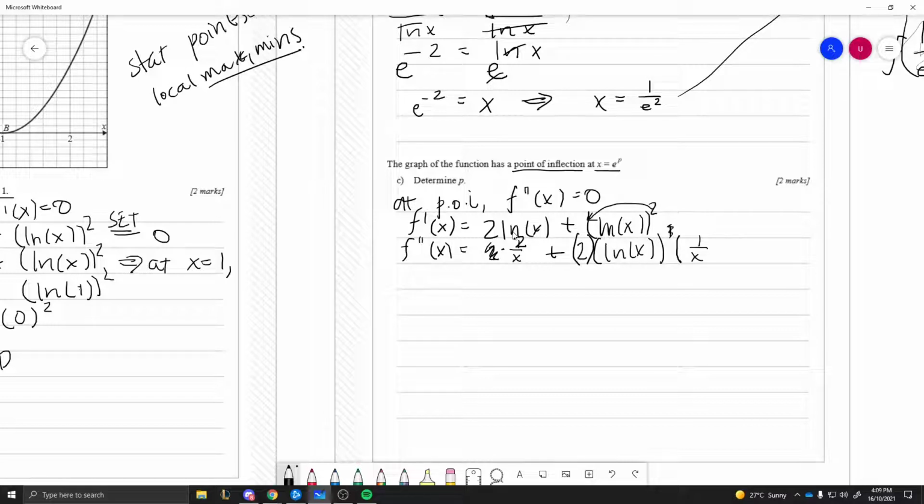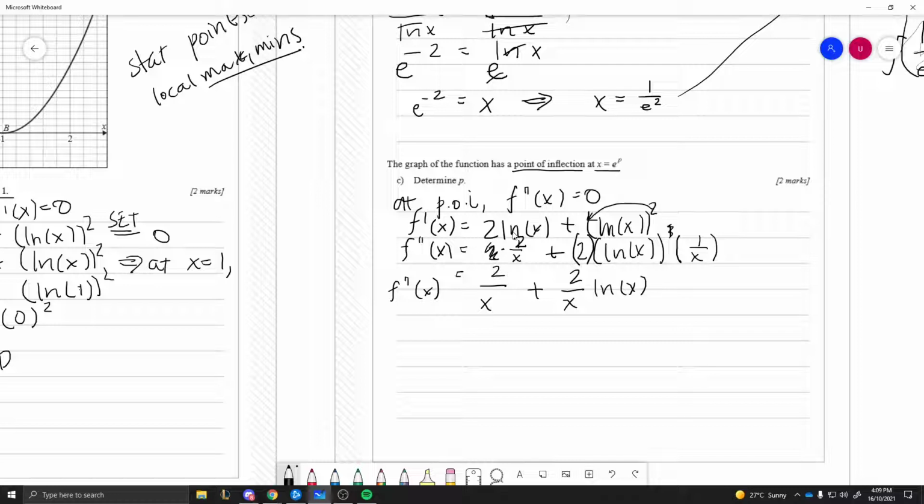This cancels because it's just to the 1. So you get 2 over x plus 2 over x ln of x, because they multiply. That's your function, f double dash x.